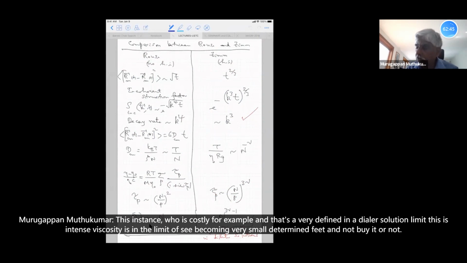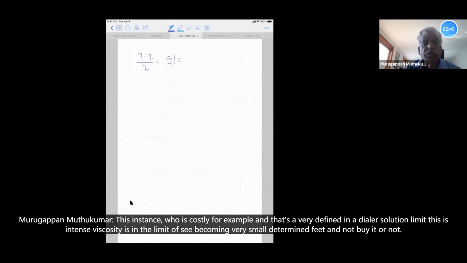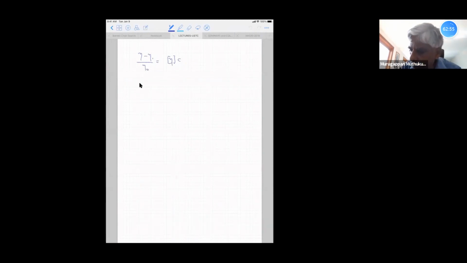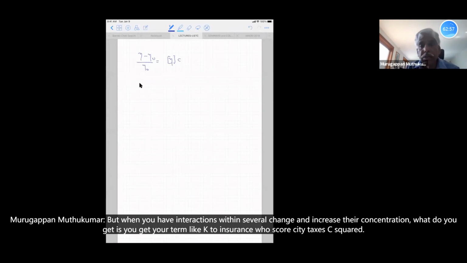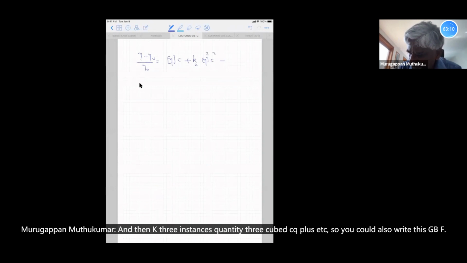In a dilute solution limit, the intrinsic viscosity is in the limit of C becoming very small, eta minus eta naught by eta naught. But when you have interactions between several chains, when you increase the concentration, you get a term like K2 intrinsic viscosity squared times C squared, and then K3 intrinsic viscosity cubed, C cubed, plus etc.